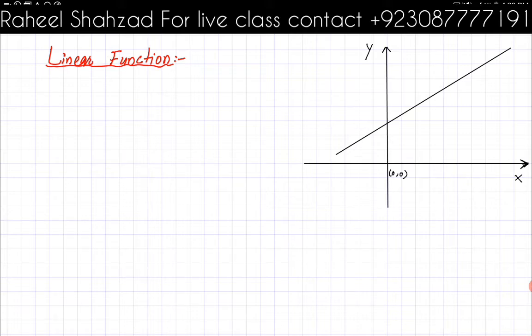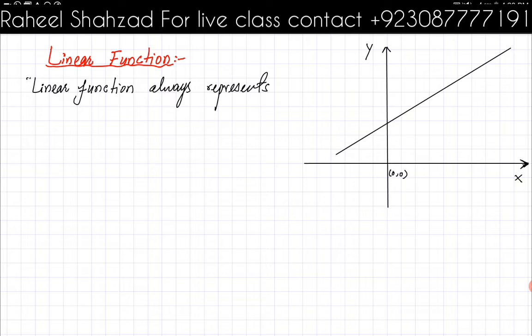In its graphical interpretation, a linear function always represents a straight line graph. Okay, it is always representing a straight line graph.